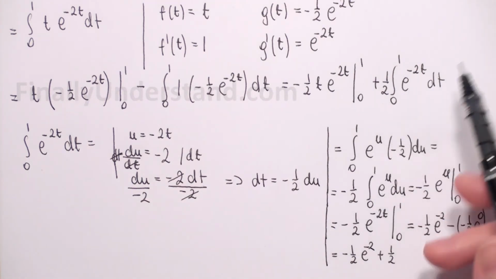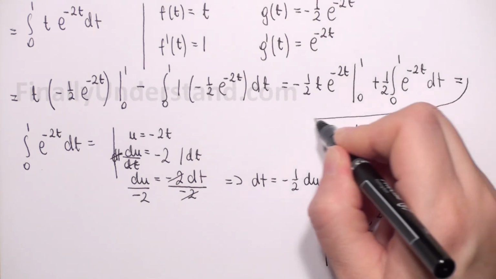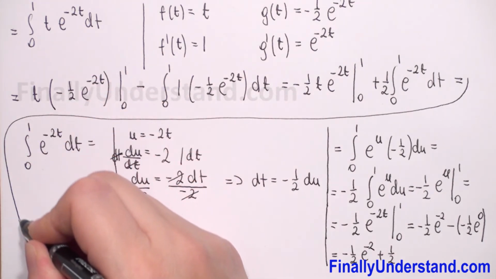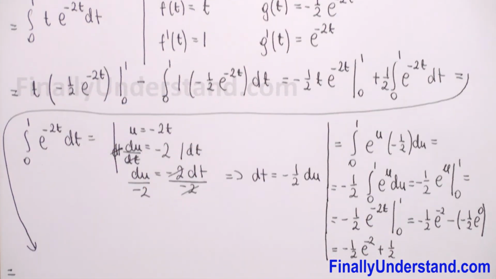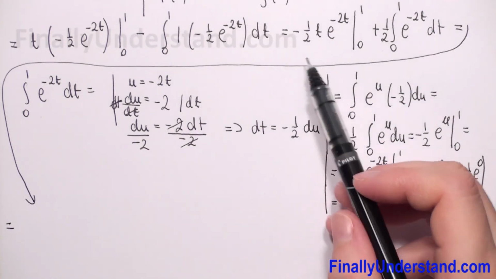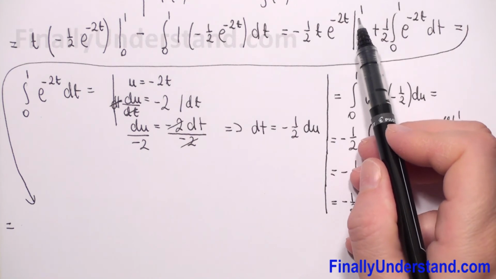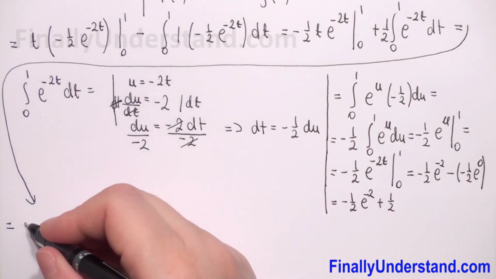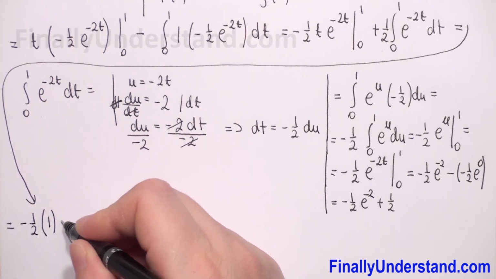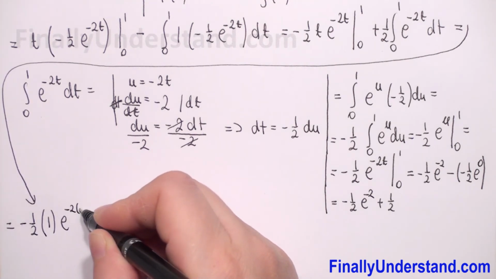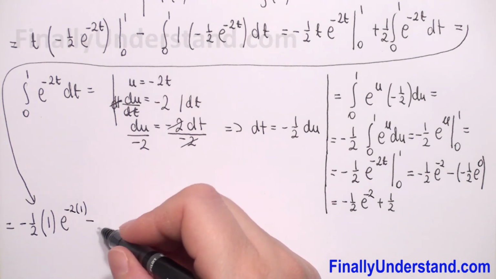So now we have to come back to our problem, and this is equal to, we have to first plug into this expression the upper limit instead of t's. So we have negative 1/2 times 1 times e to power negative 2 times 1, and we have to subtract the lower limit.